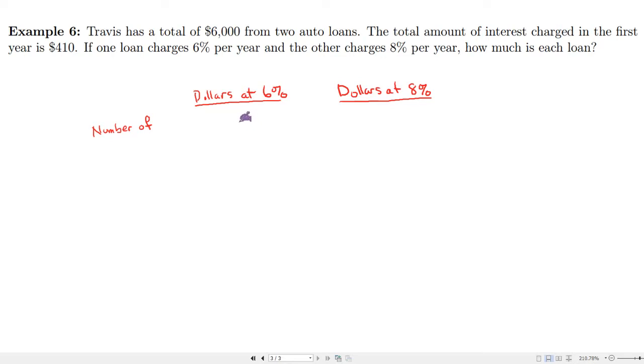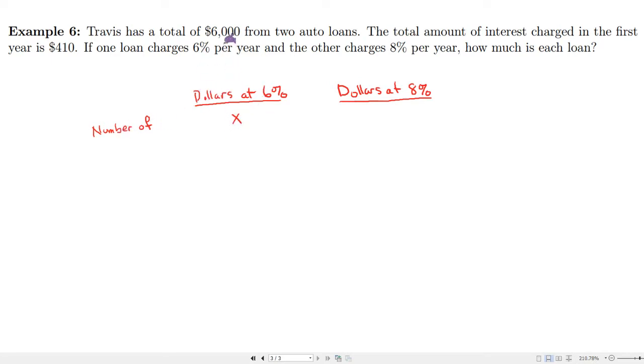Here is where we could assign our variable, right? Again, this is going to be arbitrary. I can say x is the amount that we have put into this loan, or x could be the amount that we put into this loan, right? So that choice is actually arbitrary, but let's just say it's x here. So x is the number of dollars at 6%, right?